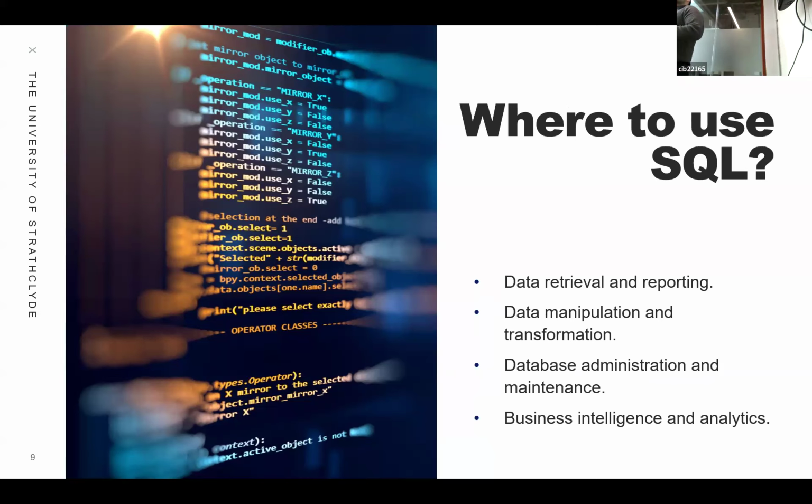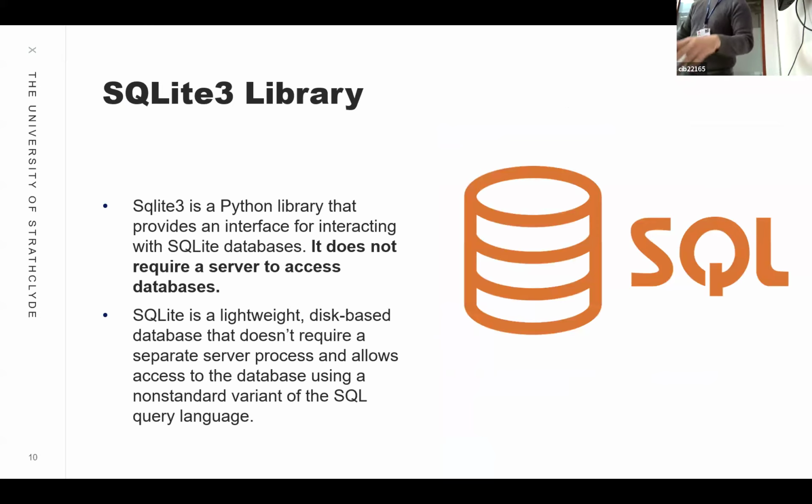We have data retrieval and reporting options, data manipulation, transformation, database administration and maintenance, business intelligence and analytics. These are some of the things that use SQL. This is the brief information about this library. It's again a standard library that comes with Python itself. You don't need to download it.